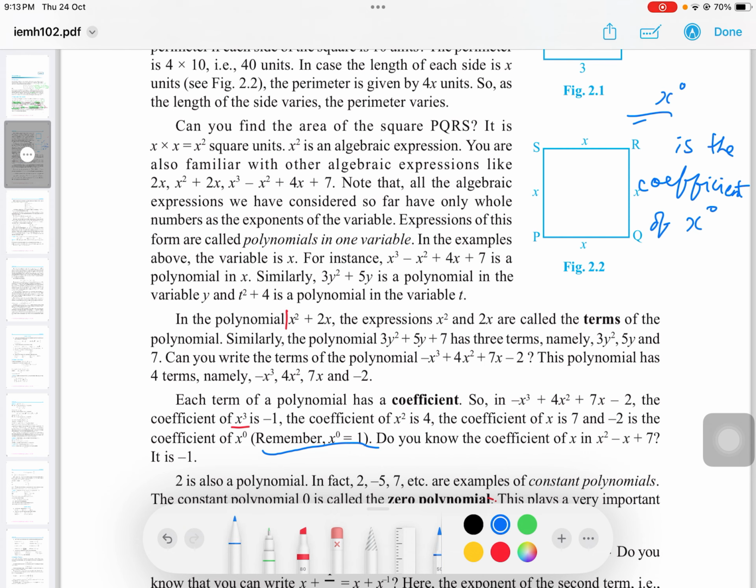Similarly, I'll give another term. Let's say 6. 6 is the coefficient of, obviously, x power 0.